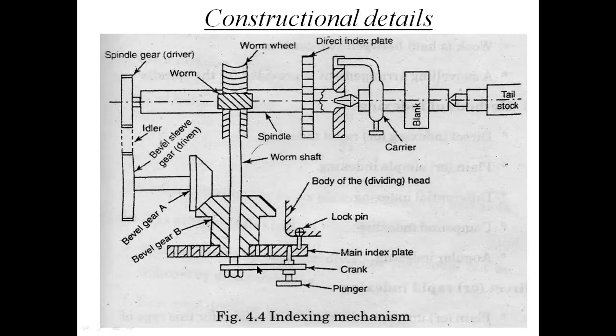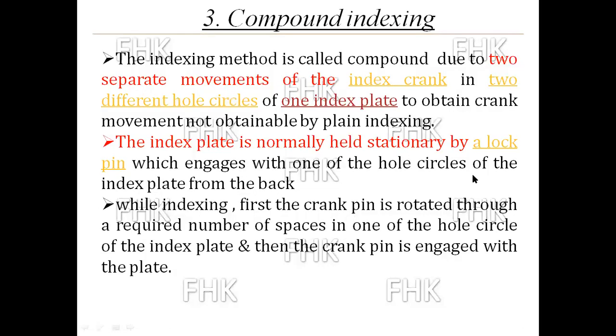So for the first rotation, by removing the crank pin, you will give the rotation to the crank as per your calculation on the first whole circle, through the number of required spaces. This required space is nothing but as per your calculation in one of the whole circles of the index plate.